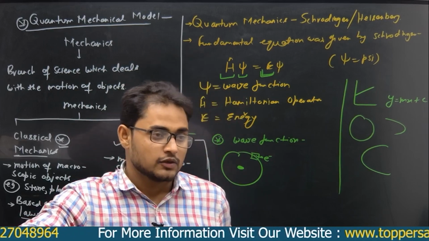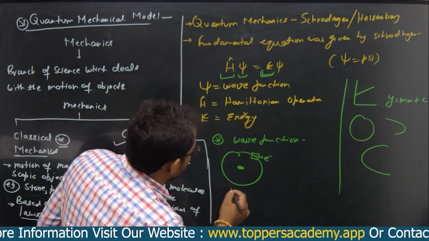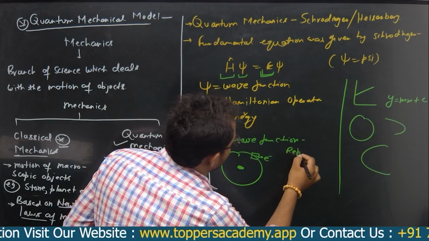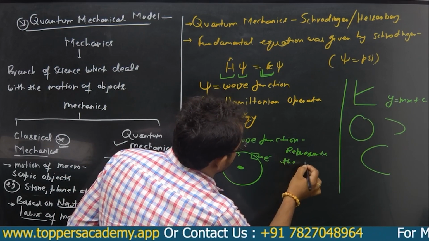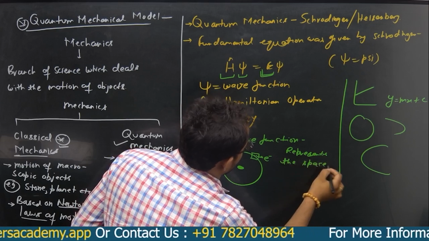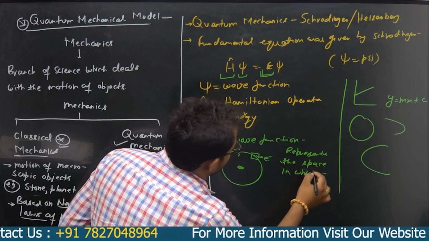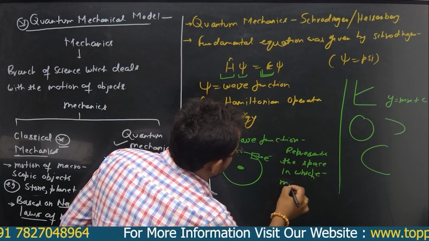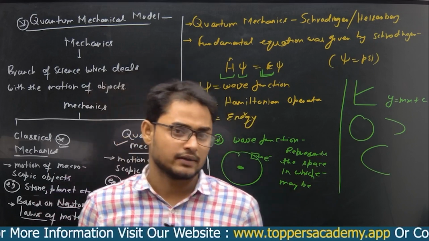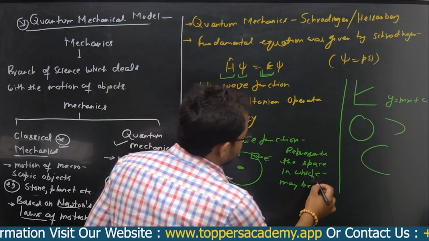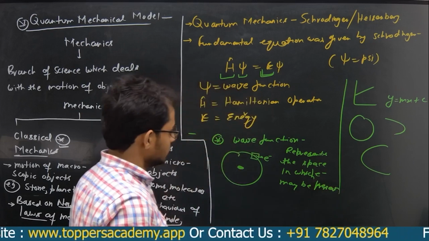Okay. So the wave function represents the space in which the electron may be present or has the maximum probability of being found, right?